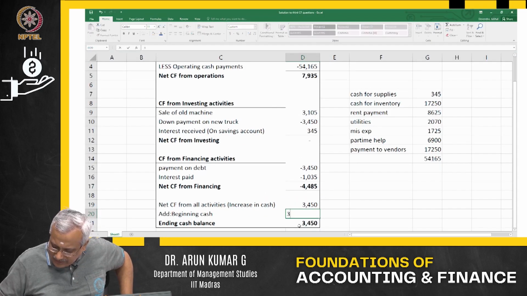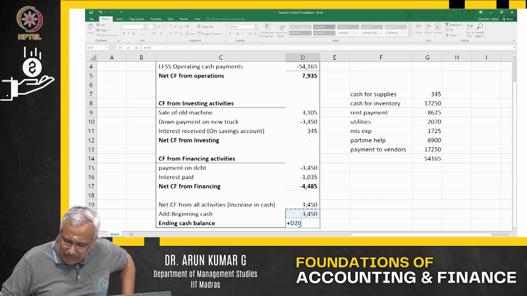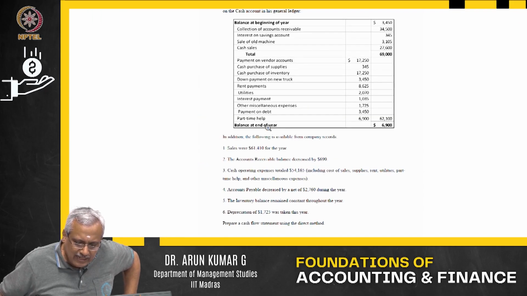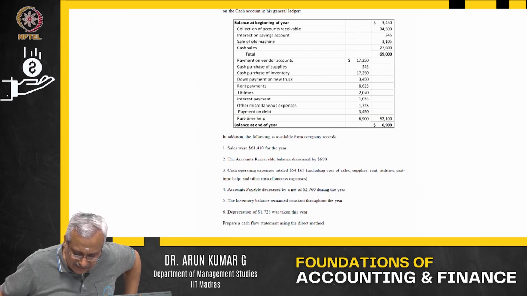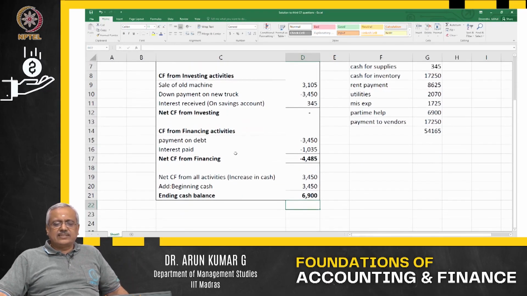Now what should be the balance at the end of the year? 6900. If I go back, it says balance at the end of the year 6900. All that I have done is classify into operating, investing and financing activity.